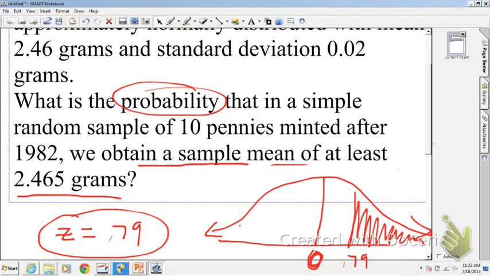Now, in my class, we use the calculator, and we hit normal CDF, 0.79, comma, and we use 99999 to represent infinity. Or you could look up 0.79 on a z-table. Let's take a look.